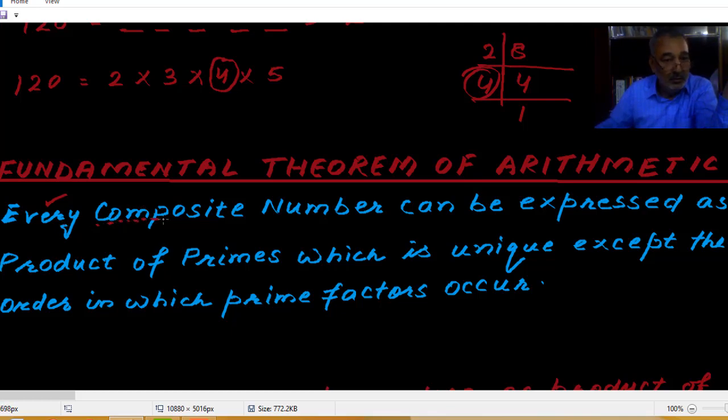Every composite number, remember here, I am not taking every number, only composite numbers can be expressed as a product of primes, which is unique except for the order in which prime factors occur.